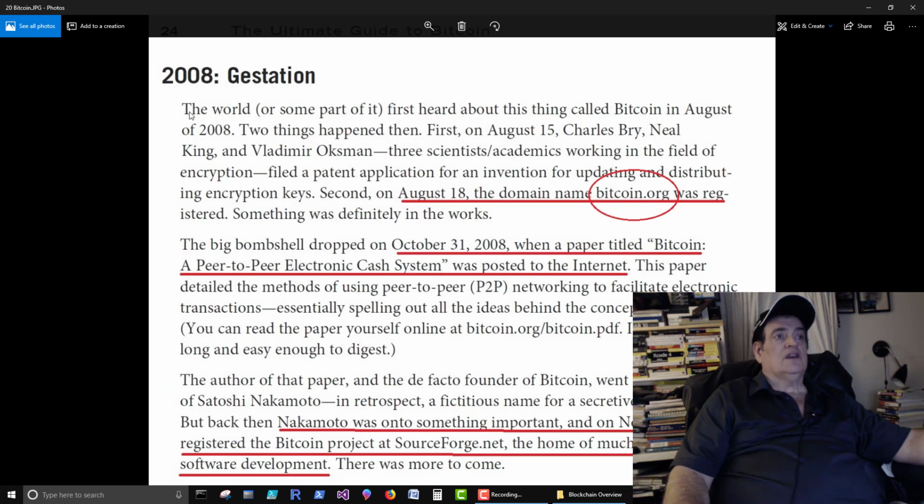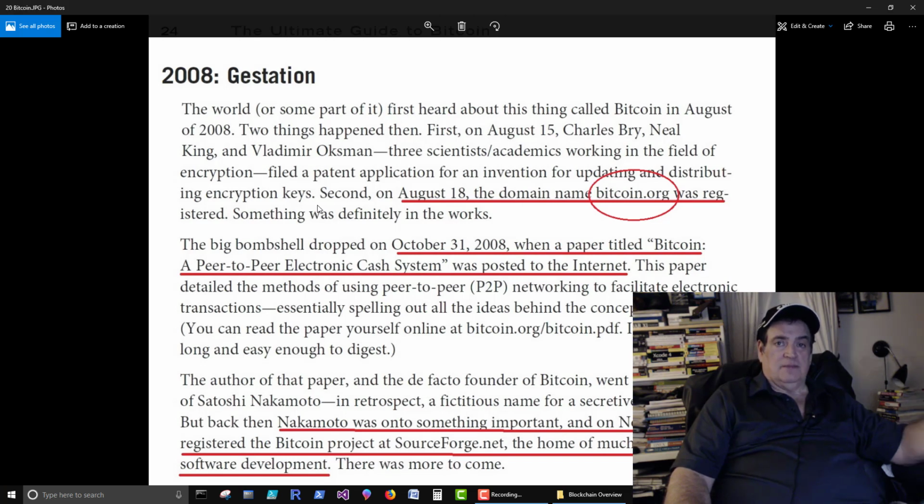See here, the world first heard about this thing called Bitcoin in August of 2008. Two things happened. First, on August 15th, Charles Bry, Neil King, and Vladimir Oksman, three academics working in the field of encryption, filed a patent application for the invention for updating and distributing encryption keys.